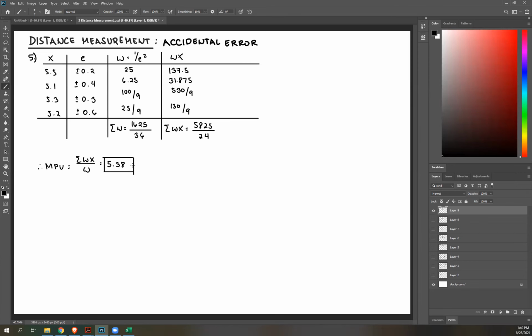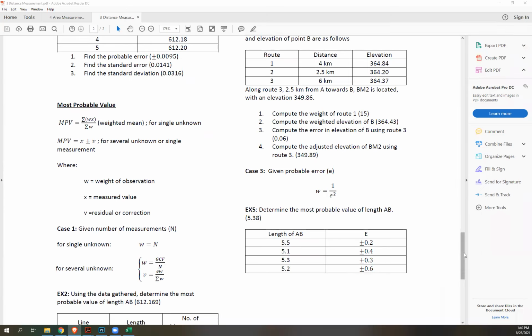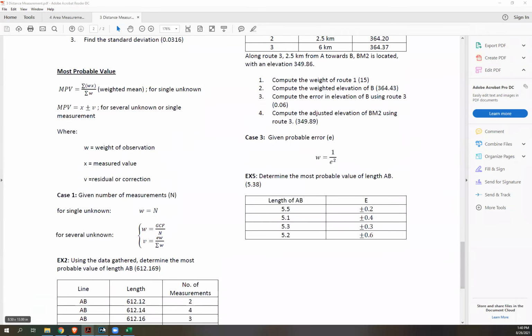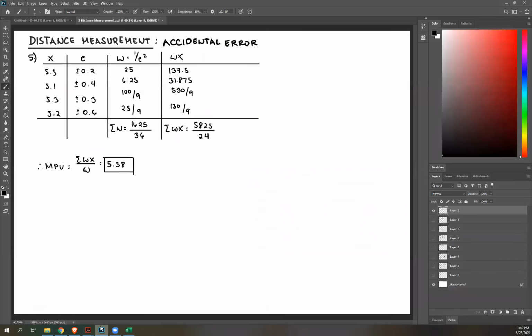Okay, that's our answer. So any questions for number 5, please answer in the chat. Again, just write clear, or no questions, or none, if you don't have any questions.